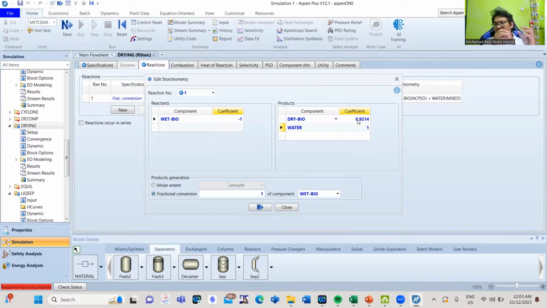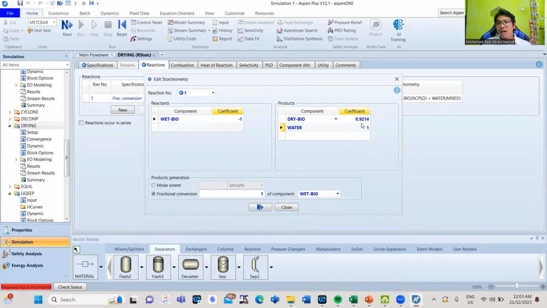When you have 100%, your wet biomass consists of 7.86% moisture, and the rest is dry biomass. So 0.9214 is basically 100% minus moisture 7.86. You will get 92.14. So you divide by 100, you will get 0.9214.